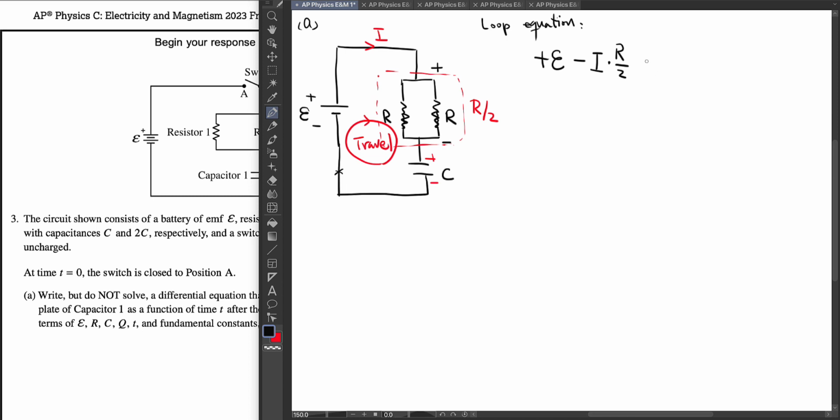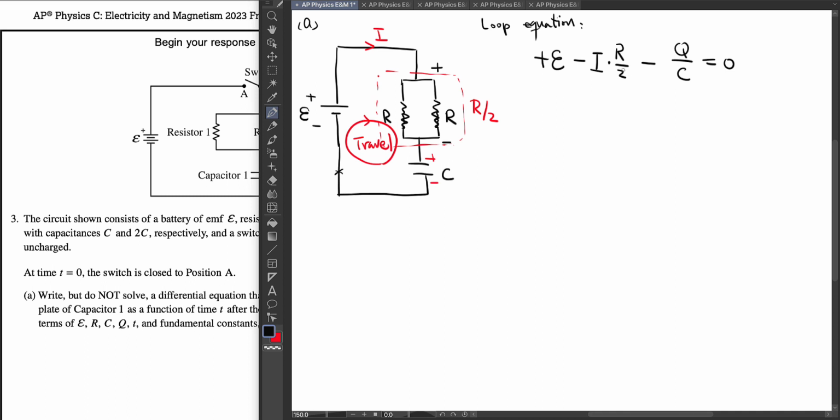So we need to subtract the potential difference of the capacitor. The potential difference of C is calculated as Q over C, where Q is the charge stored in the capacitor and C is the capacitance. Now we go back to the starting position, so the total potential difference should be 0. So that is the loop equation we can write down.